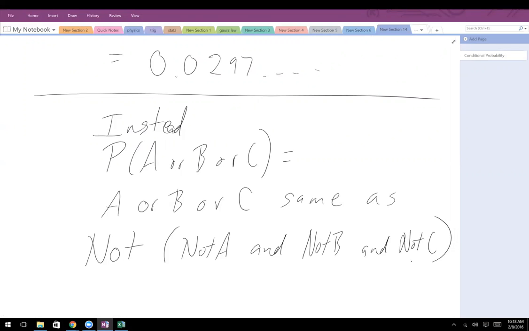So if I want to say that at least one out of A, B, and C is true, that's the same thing as saying not A and not B and not C are all false, right? Does that make any sense at all?